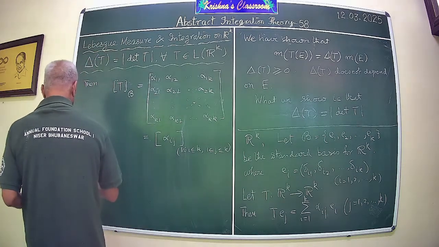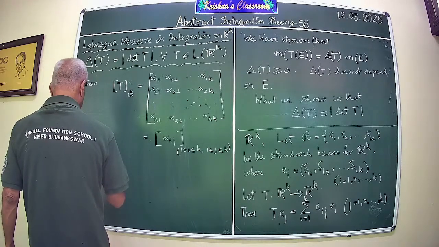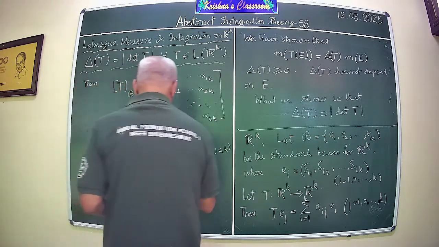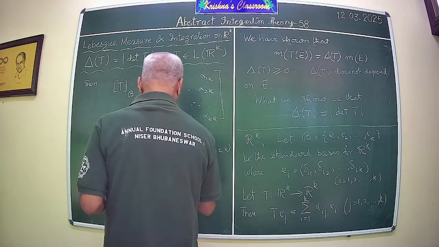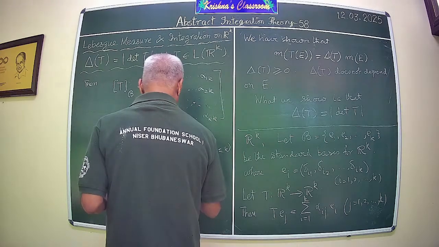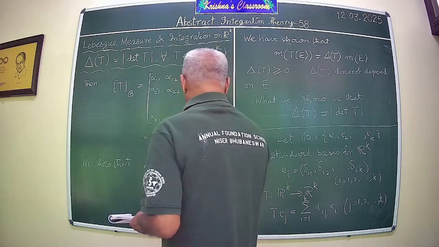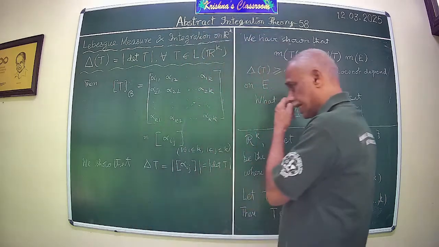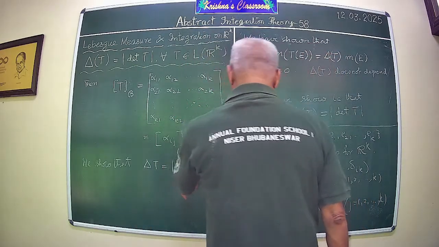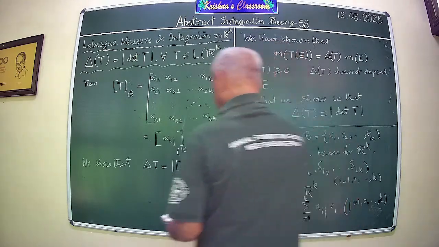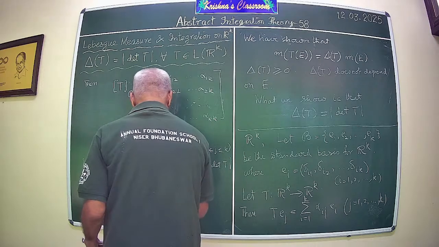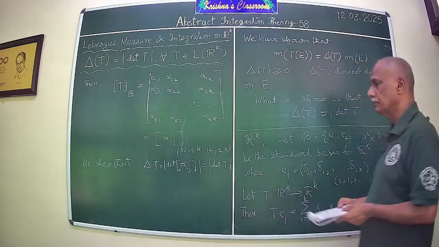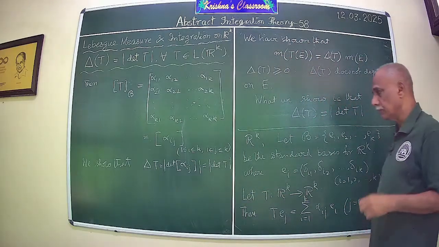So we show that delta T equal to the determinant of the matrix alpha_ij. Now you see that I said this determinant is an invariant, that is, it is invariant under the change of a basis.